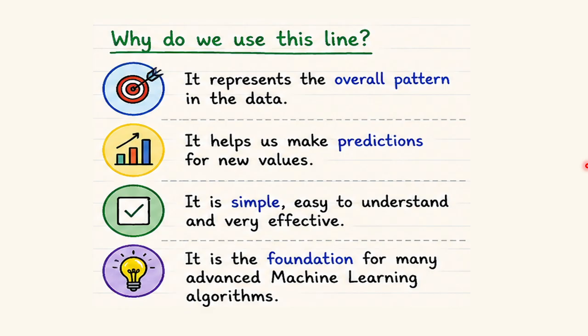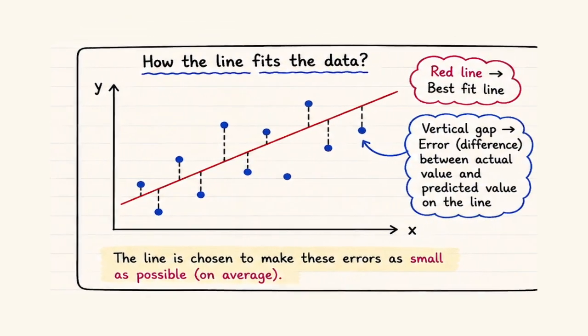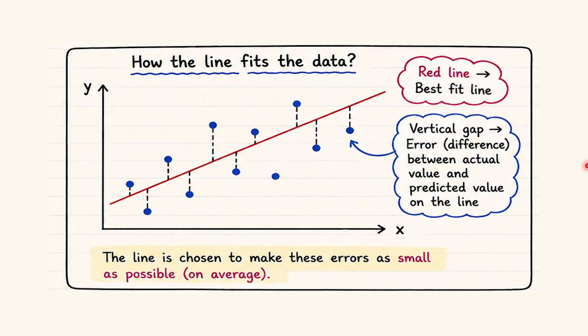Another important thing is that by looking at the line, we can understand the relationship in a simple visual way. So it becomes easier to understand the data. And this concept of regression line is also an important foundation for understanding many advanced machine learning concepts. So this is the basic idea of linear regression.